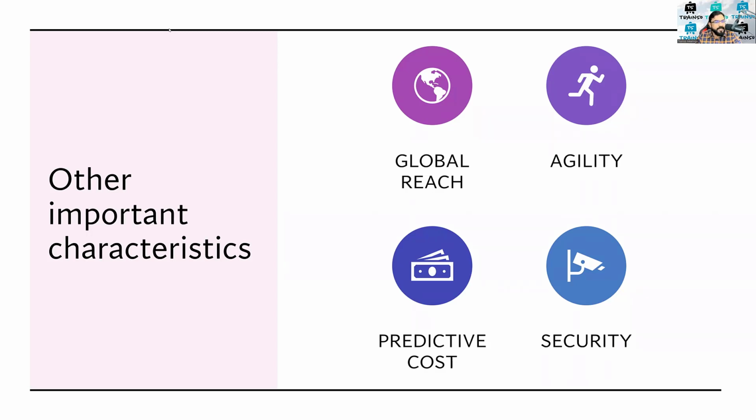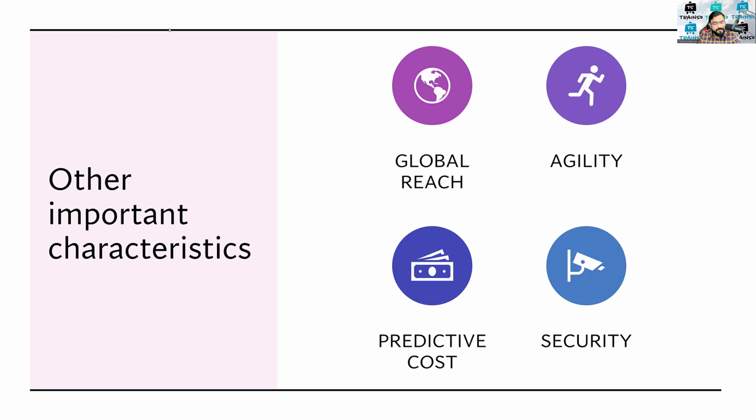Definitely you will incur losses. But in cloud, you can just stop using that server and then you can start using something else. When you stop using that server, you'll not be charged for it again. So cloud is an answer for agility.